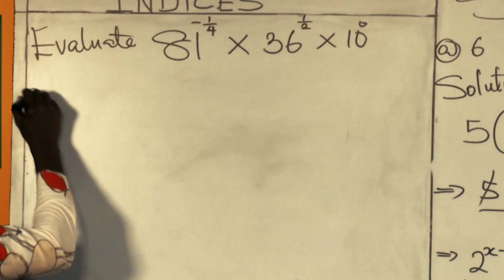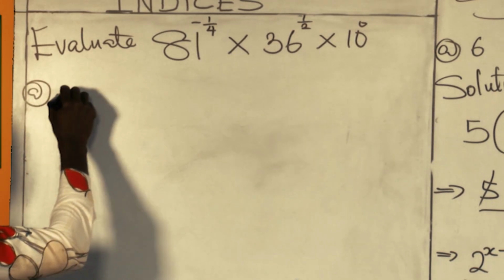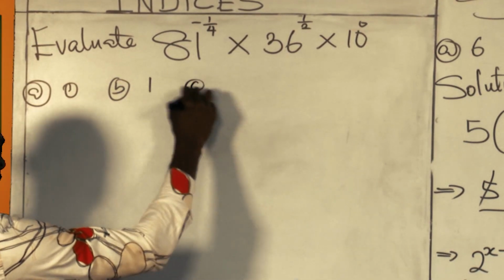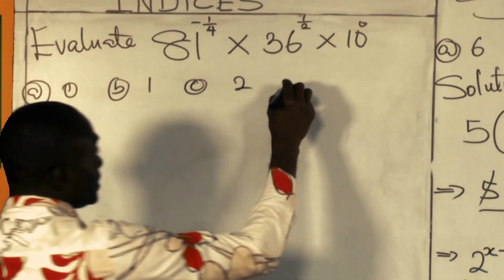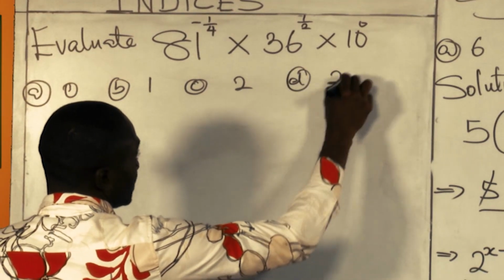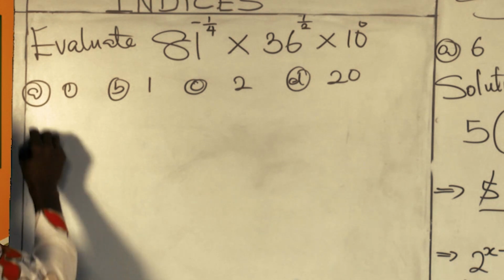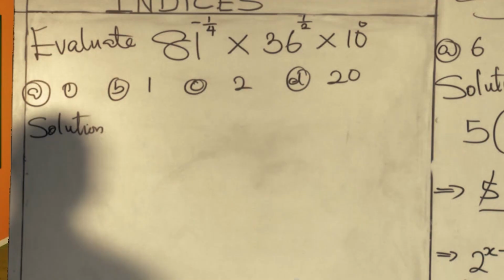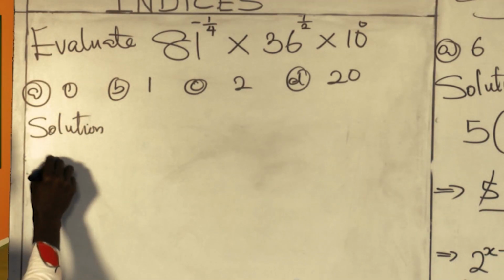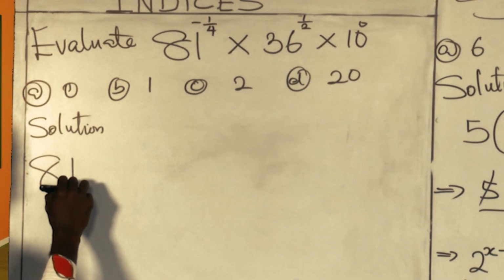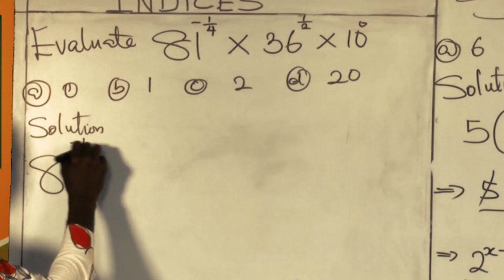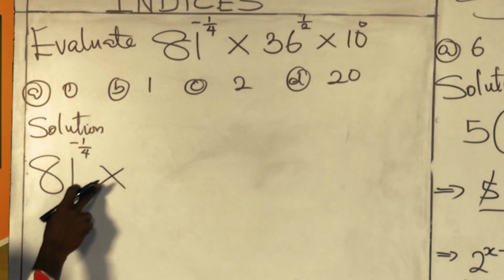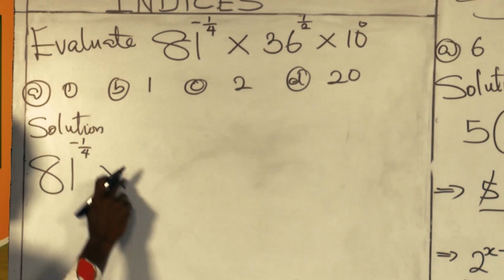Now, option A, we are given 0. Option B, 1. Option C, 2. And option D, we have 20. Okay, solution. Now we have 81 raised to the power of minus 1 over 4, multiplied by, look at this, the multiplication sign is at the base, not at the power.